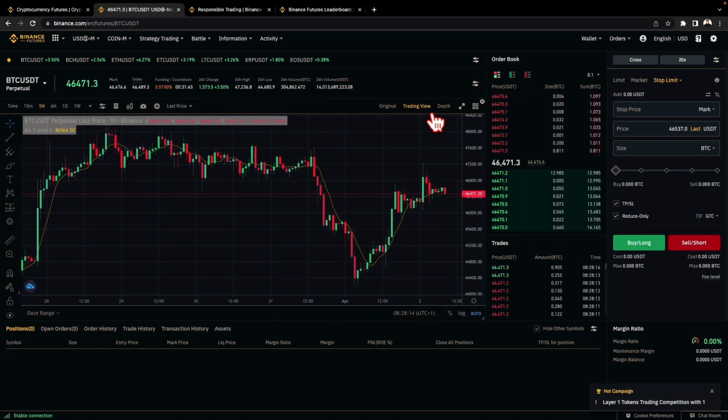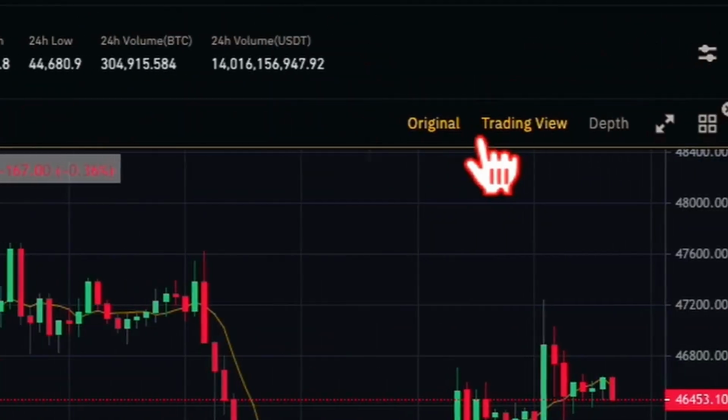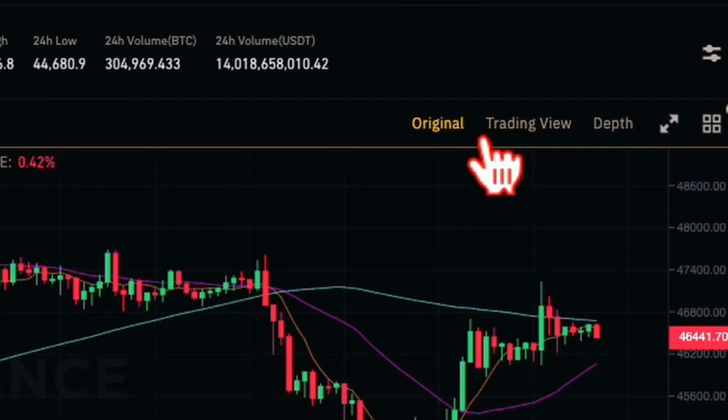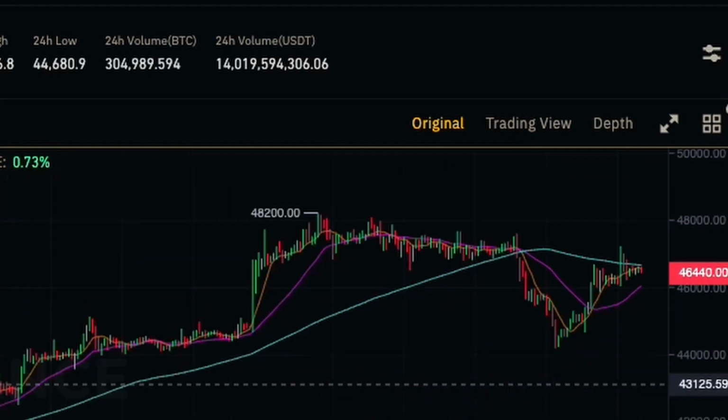You can also click on TradingView for you to see how the chart looks on TradingView. TradingView is a different website of its own that's very popular for trading. It shows you the latest chart and other transactions. Because it's very popular, Binance had to include it on Binance Futures so that people used to TradingView can do it here. So you click on original. Original is Binance's own chart, made by Binance.